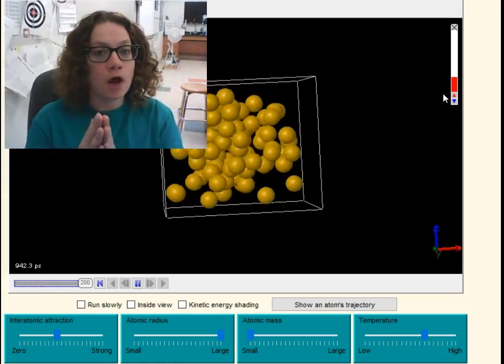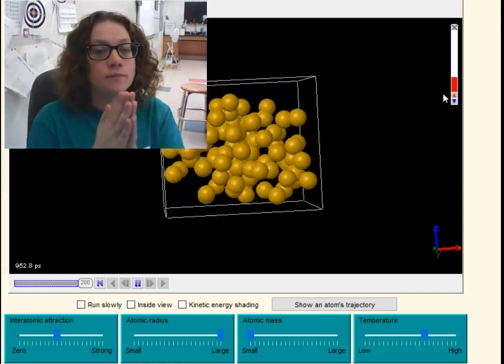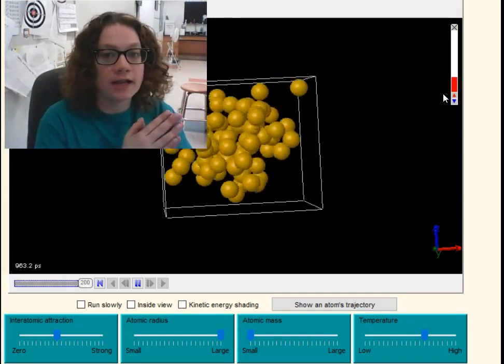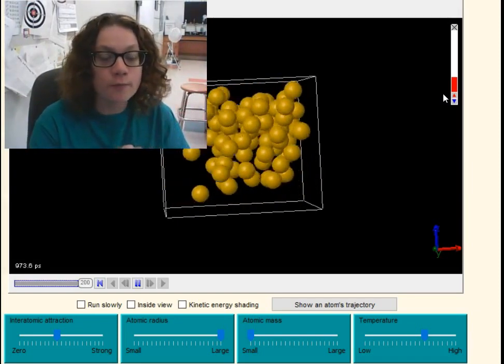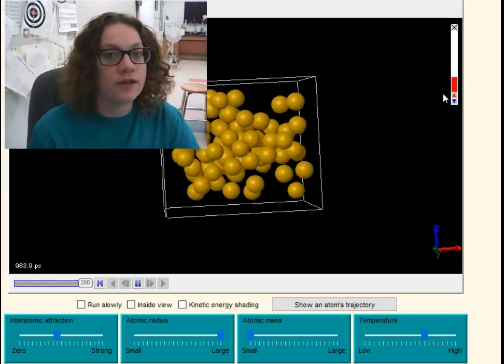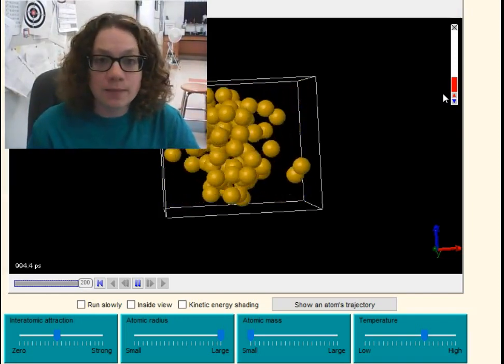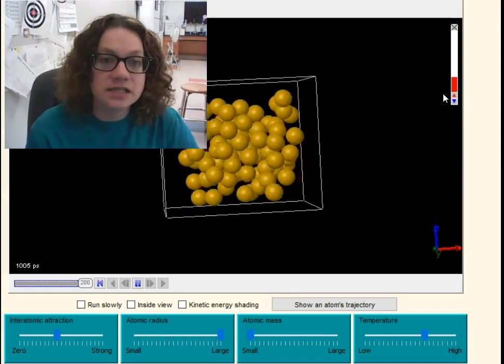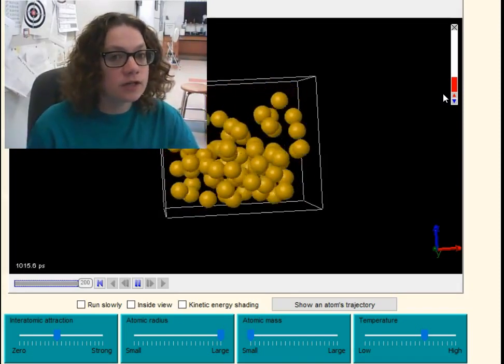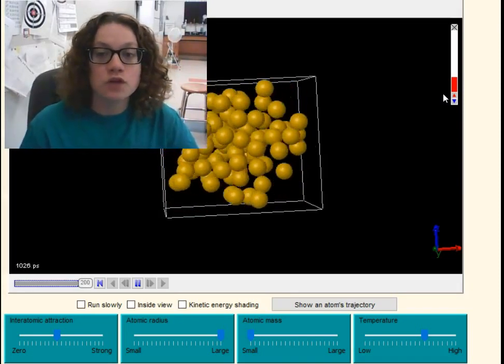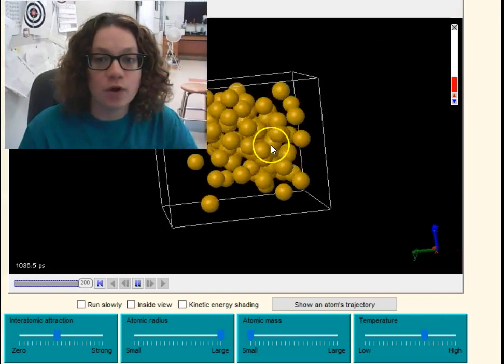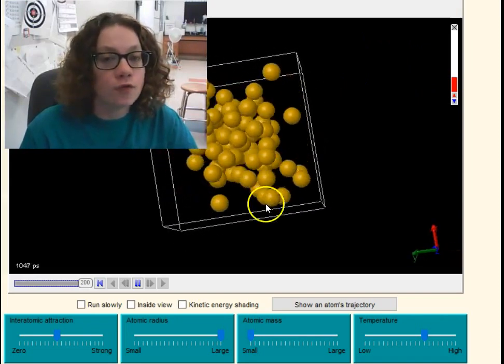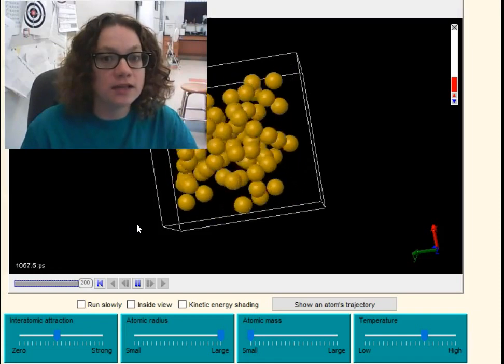And when the particles of a solid move further apart and can now move from one place to another, we now have a liquid. The name of the phase change from a solid to a liquid is called melting. So this represents the particles that have melted from a solid into a liquid.